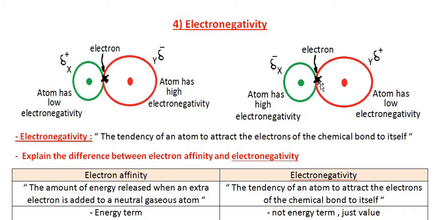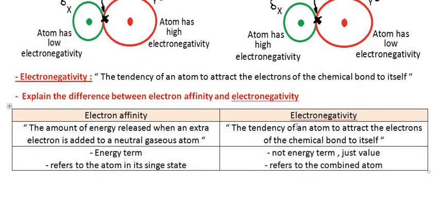Okay, if the difference in the interaction of the electron between the two atoms is very strong, this atom will take this electron completely and form completely negative, not partially as it is here, but negative, and this will be positive.